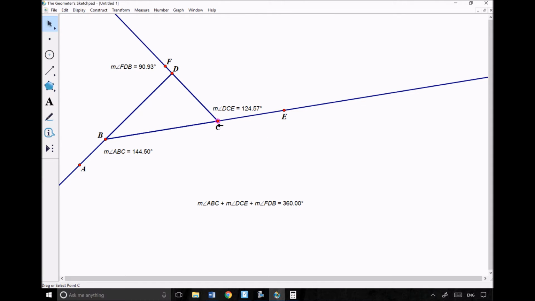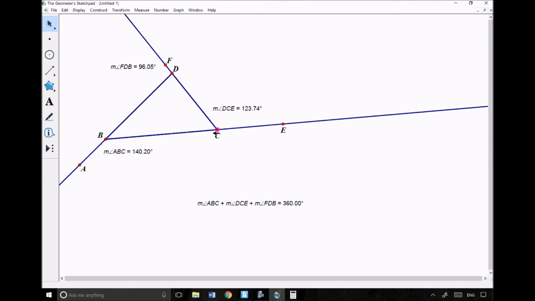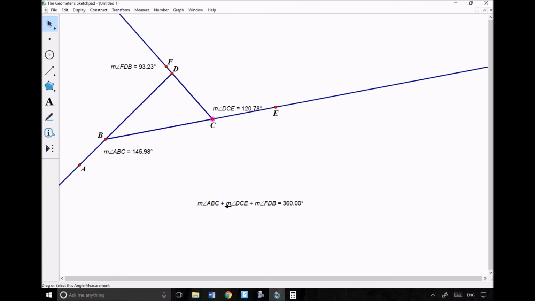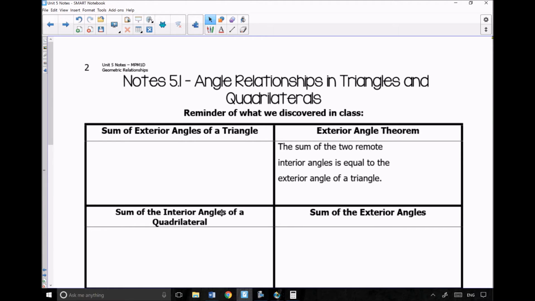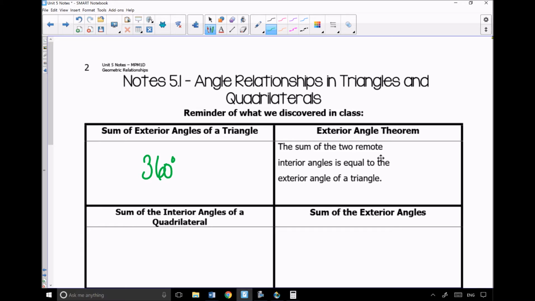It's consistently 360 degrees. So I can definitely conclude that the sum of the exterior angles is going to be 360 degrees. So we're going to say right here, the sum of the exterior angles of a triangle is 360 degrees.